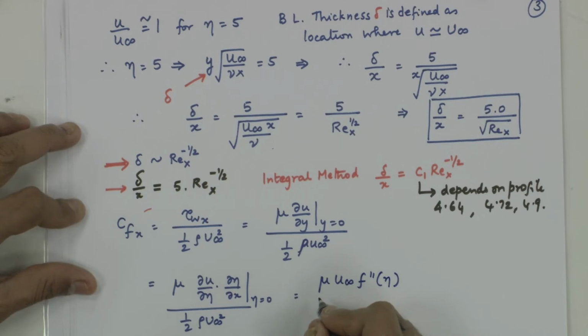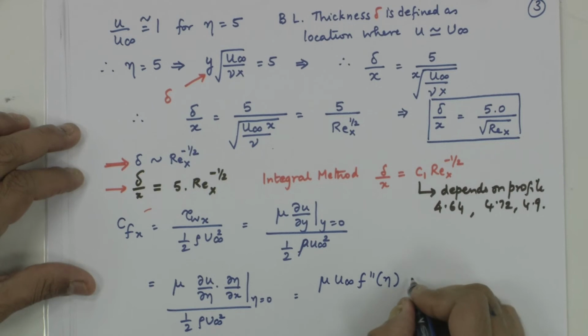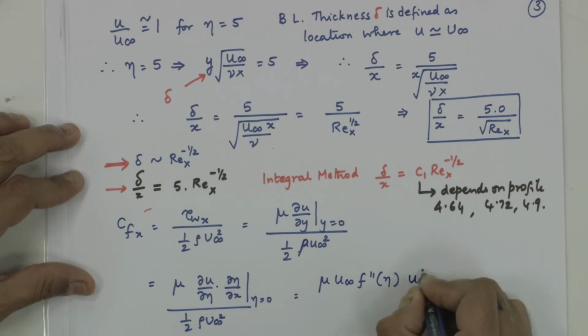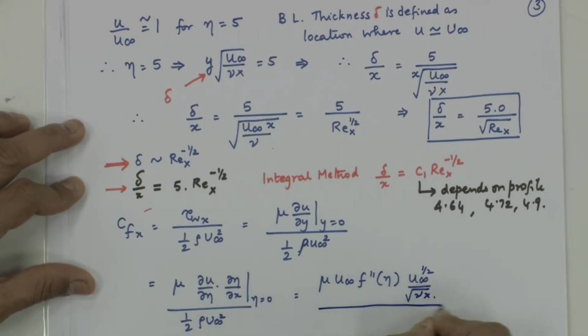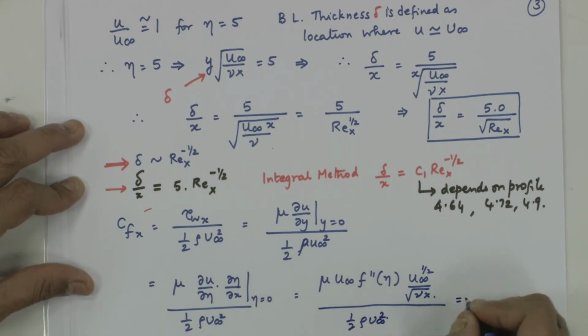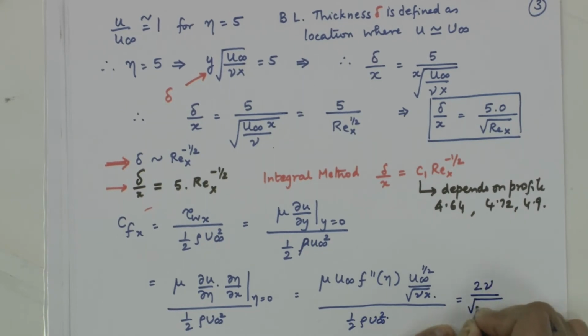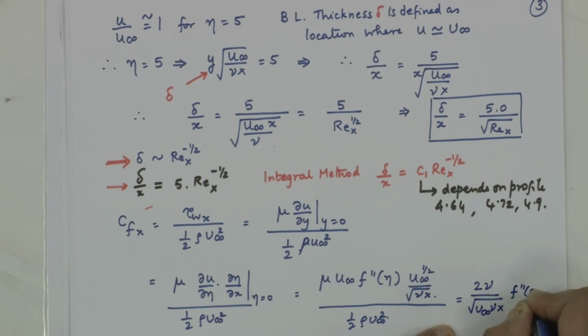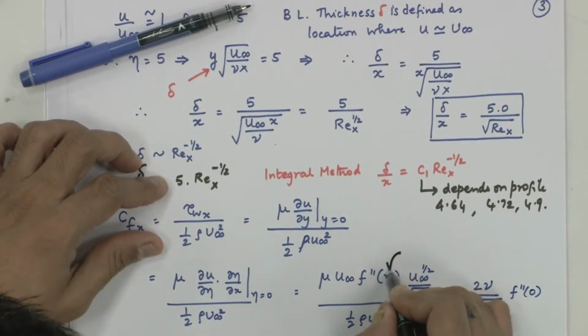d eta by dx is going to be root of u infinity by nu x, divided by half rho u infinity squared. This on simplification gives me 2 nu over u infinity, root of u infinity by nu x, times f double prime of 0. You can just simplify. This is all at eta equal to 0.